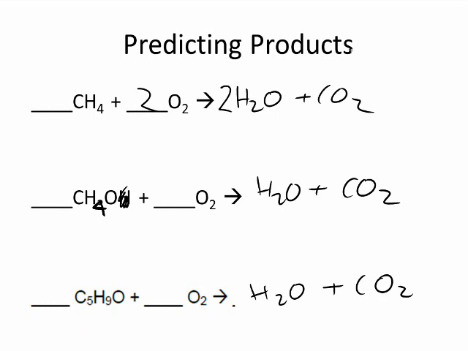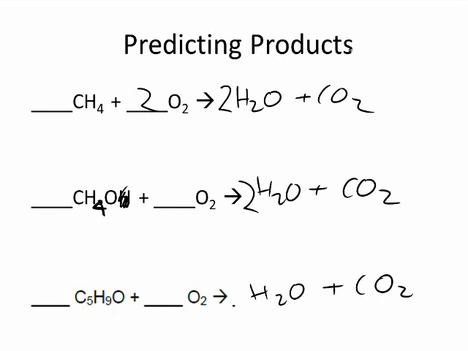Because we have 4 hydrogens there, we'll make that 4 hydrogens, and we have 3 oxygens on the left side, and we have 4 oxygens on the right.